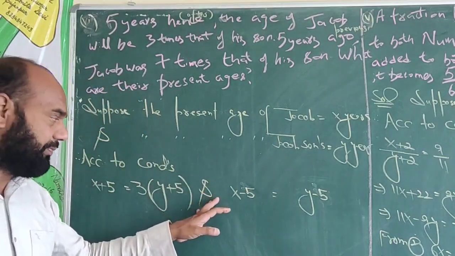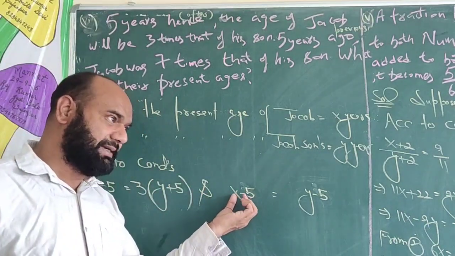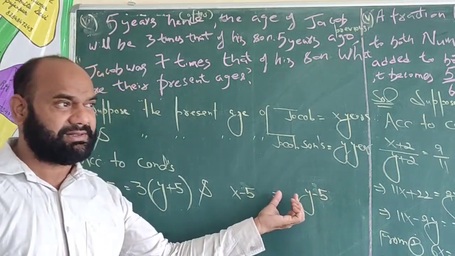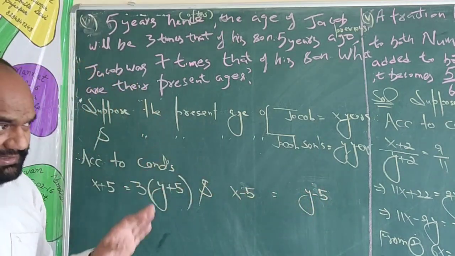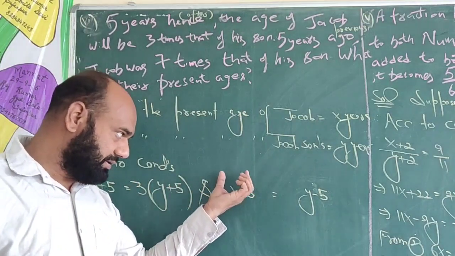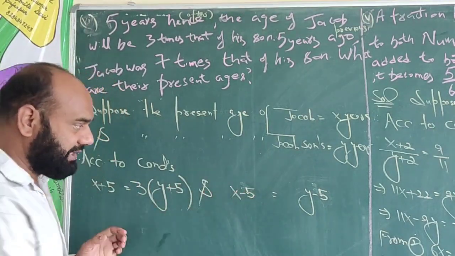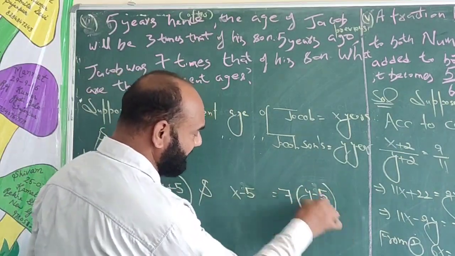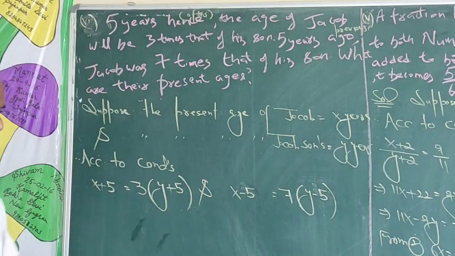The statement is given that 5 years ago the age of Jacob is 7 times the age of his son. Therefore, x minus 5 is equal to 7 times y minus 5.